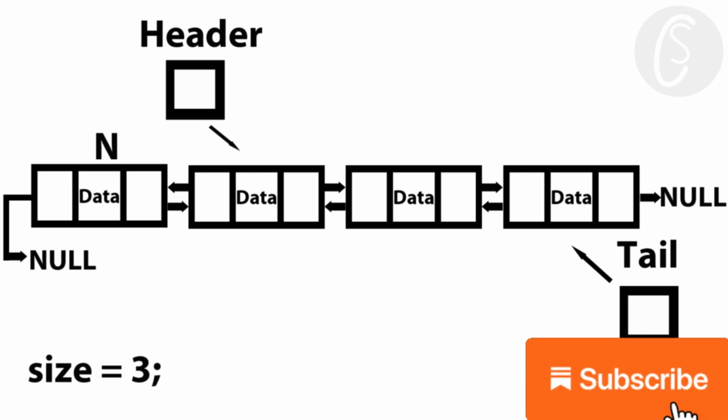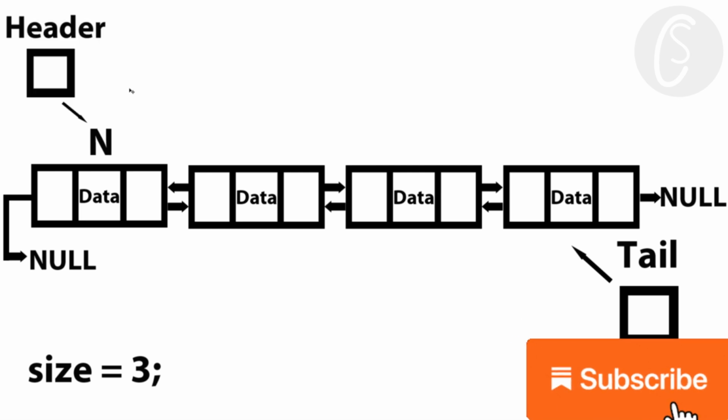Alright, so now that we completed the link between these two nodes, we still have a couple of more steps. So now header is always supposed to point to the first node, but this isn't the first node anymore. So now I can say header points to n. And the last step from here, since we inserted a node, increment the size.